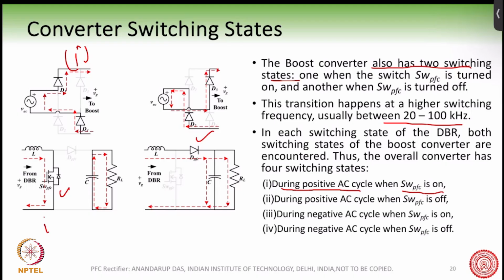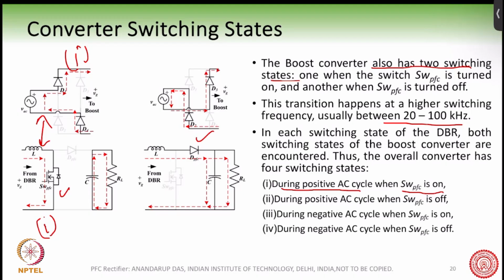So this is the number one condition. These two are happening. Positive AC cycle means this is happening in the first 10 milliseconds, from the previous slide. So in this condition the switch may be turned on.